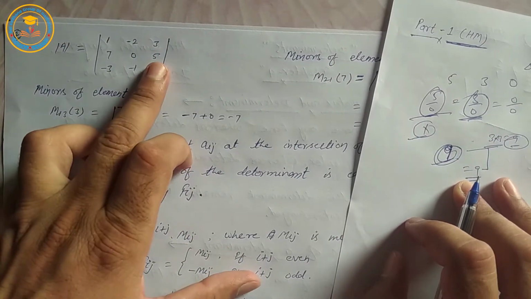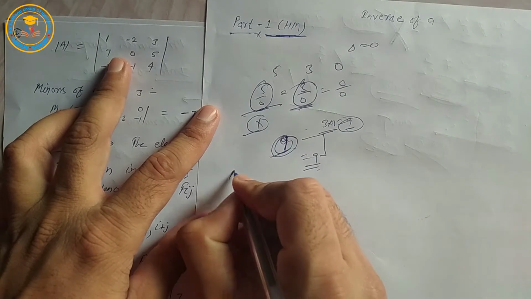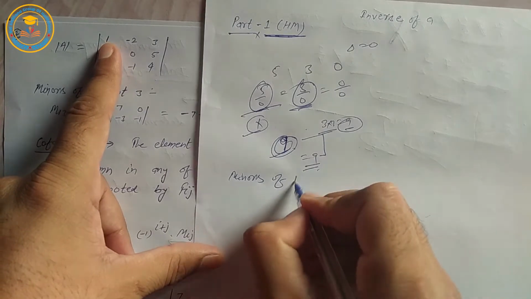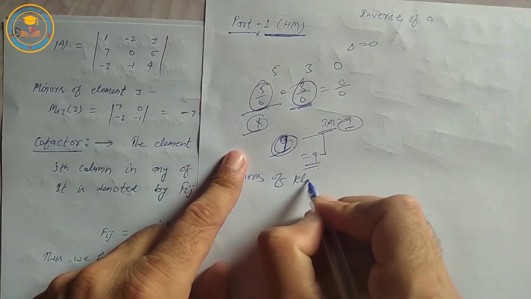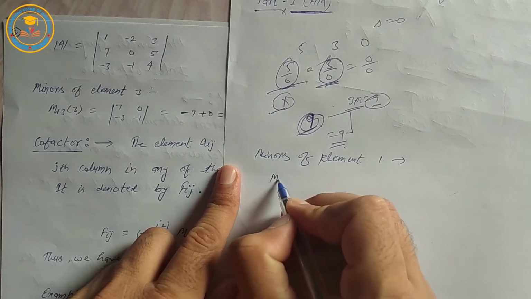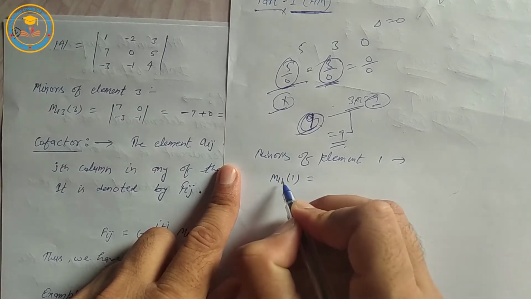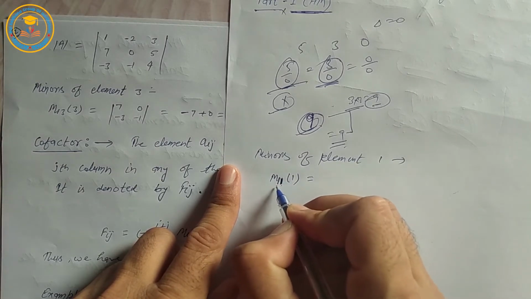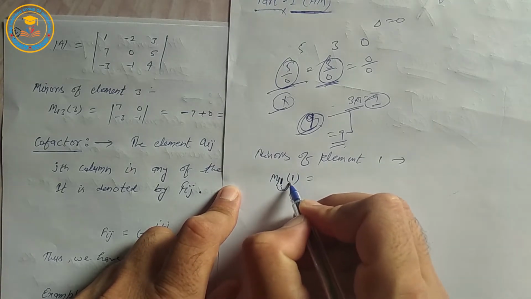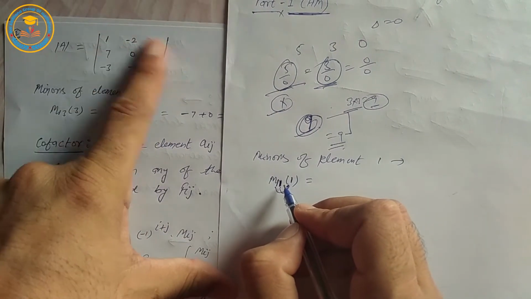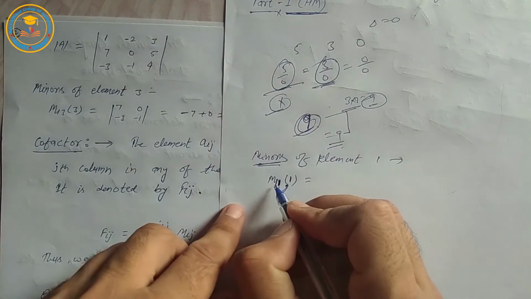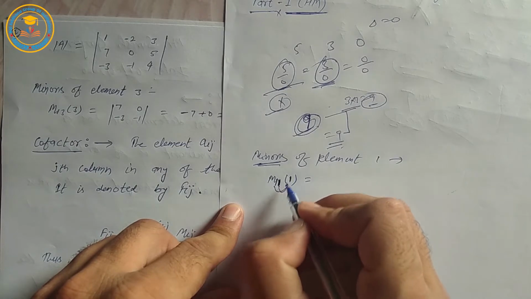Minor of element 1 first. M11, it means first row, first column element, which is equal to 1. M denotes minor, and 11 is the position of element 1.